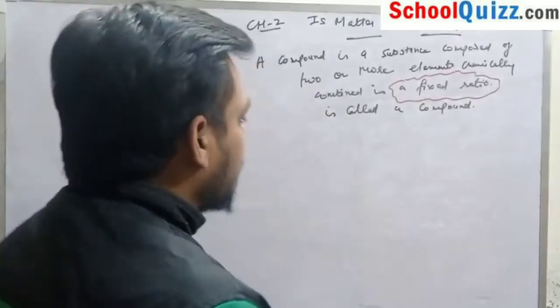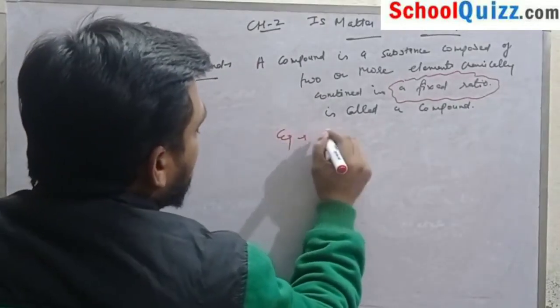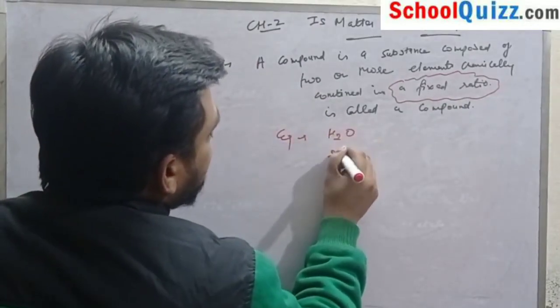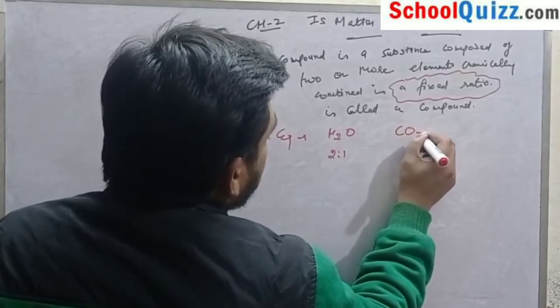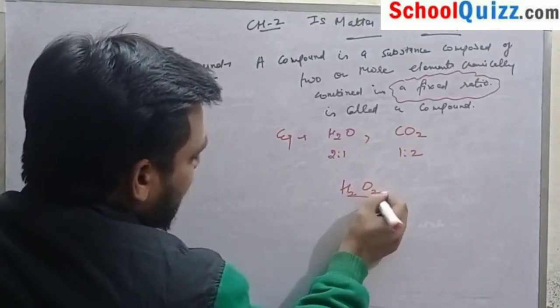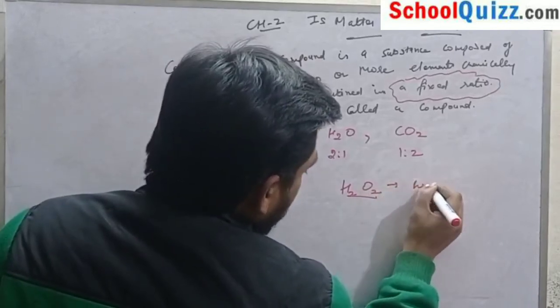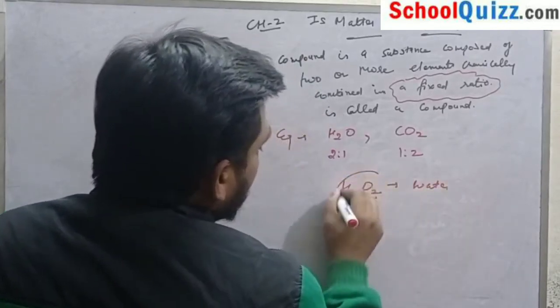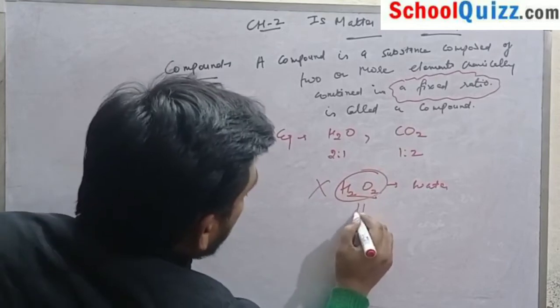For example, water: its ratio is fixed, that is 2:1. Like CO2, that is 1:2. We can't write H2O2 as water. It is not water. It is hydrogen peroxide.